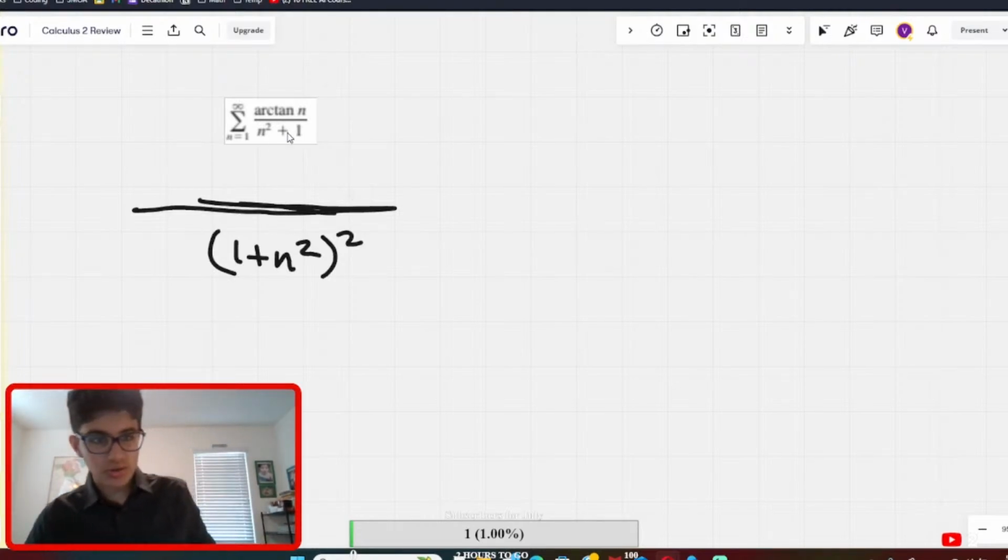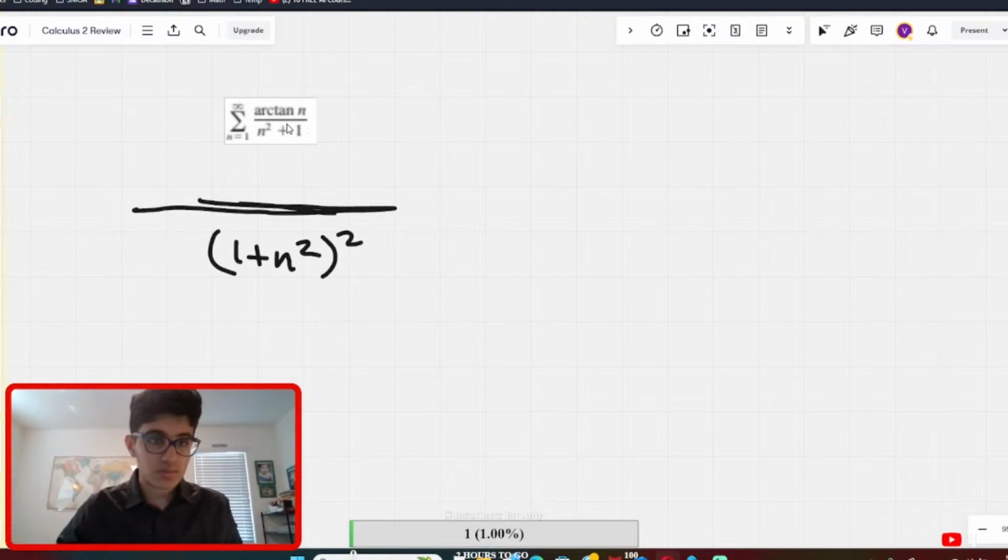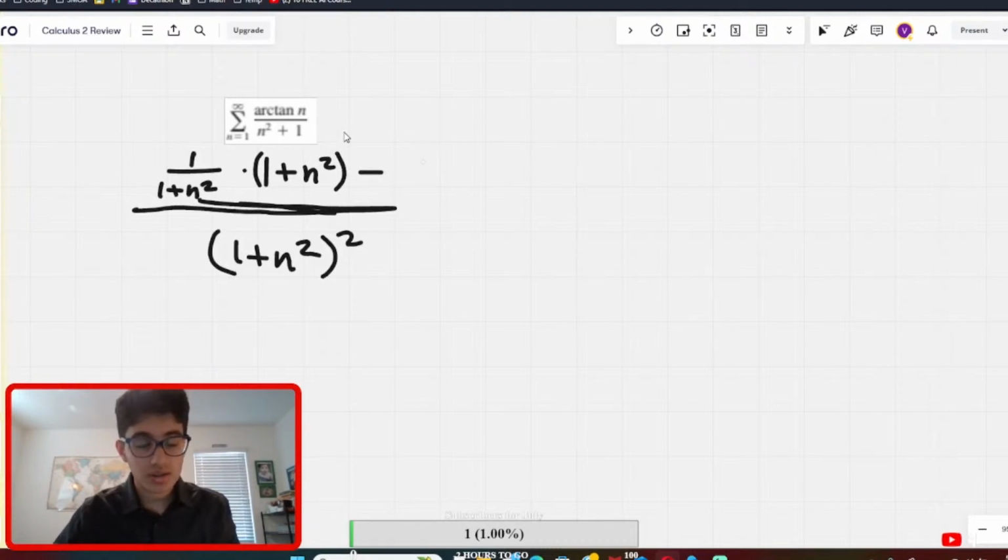The first one will become 1 over 1 plus n squared times, so this becomes just 1, and then you subtract the other way, which means minus 2n tan inverse of n. It's 1 minus this, so it will be negative.